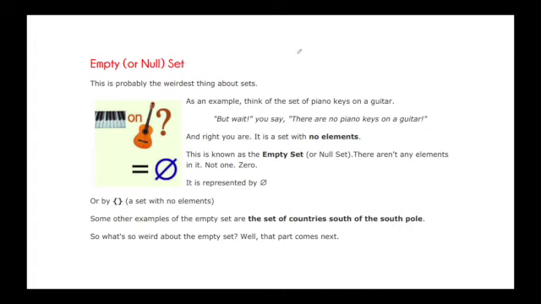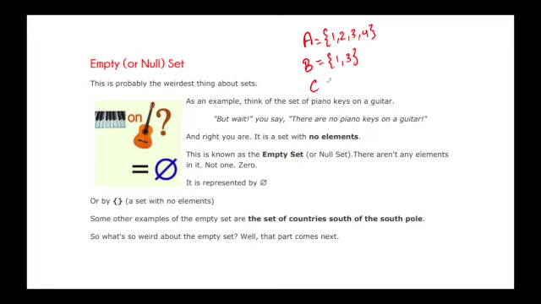So let's just talk about, let me see. If we have the set A, and the set A is 1, 2, 3, 4. Then we have the set B, which is 1, 3.